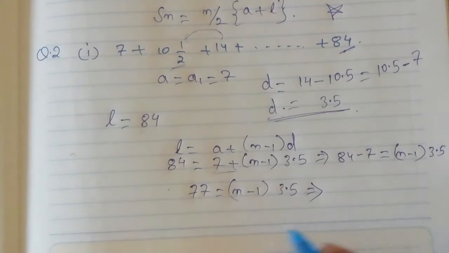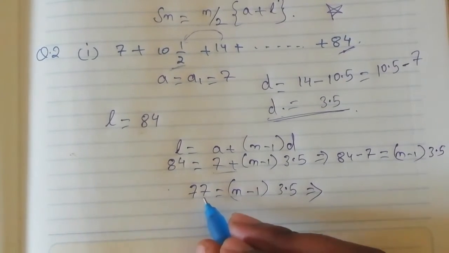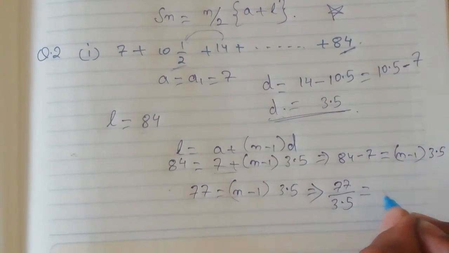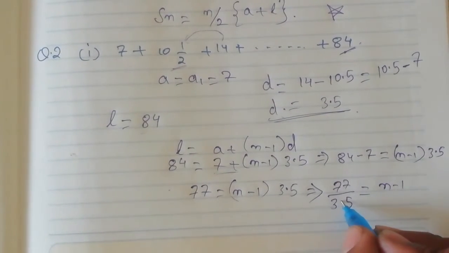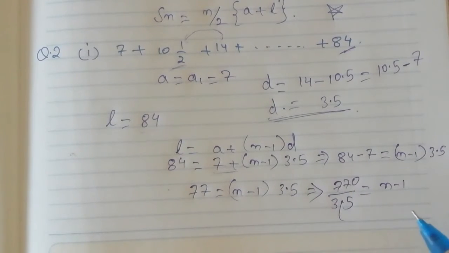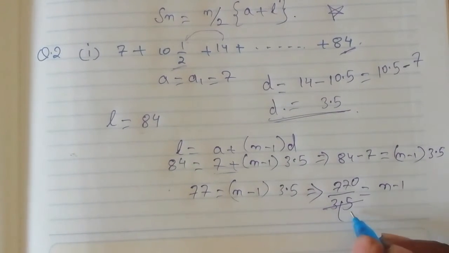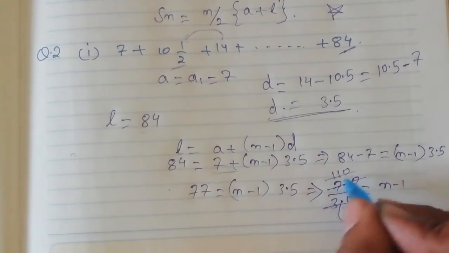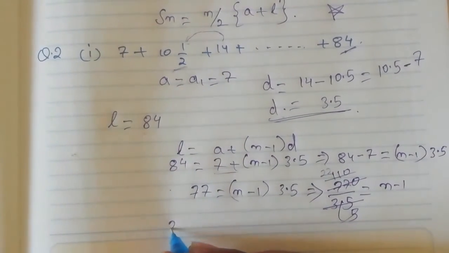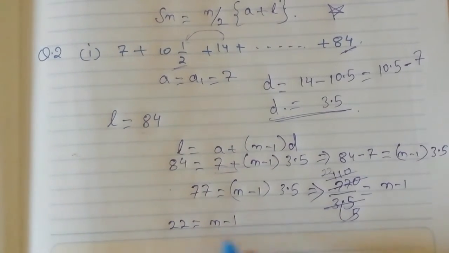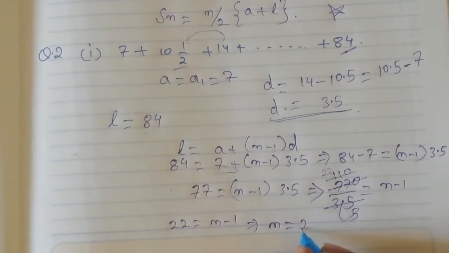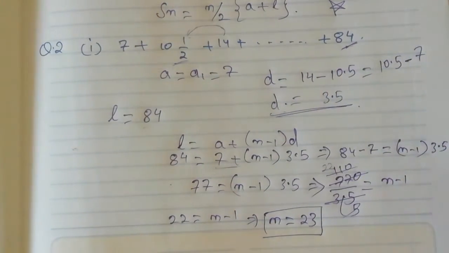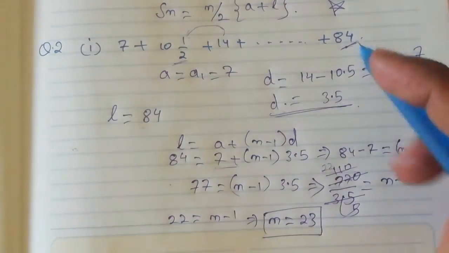Now we can transfer this multiplication to the other side, where it becomes division: 77 divided by 3.5 equals n minus 1. If we remove the point, we get 770 divided by 35. 7 fives are 35, and so on, and this gives 22. So we have 22 equals n minus 1. It means that the value of n is 23. So in this series we have 23 terms to reach up to 84.